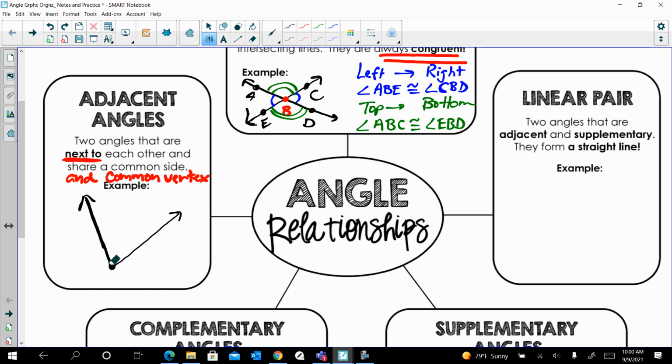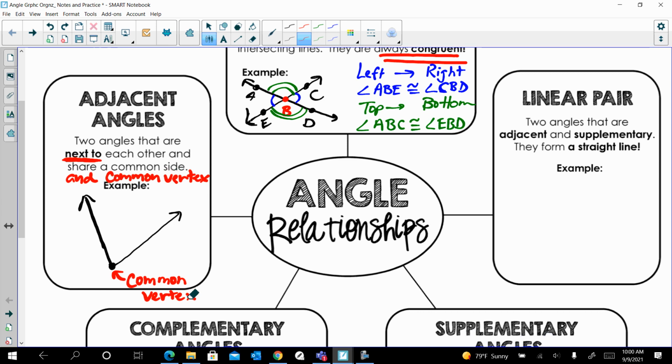Then right off the bat, this will be our vertex and will be the common vertex. It's going to be shared. This is when we did CV to indicate it, okay, if it was a common vertex.